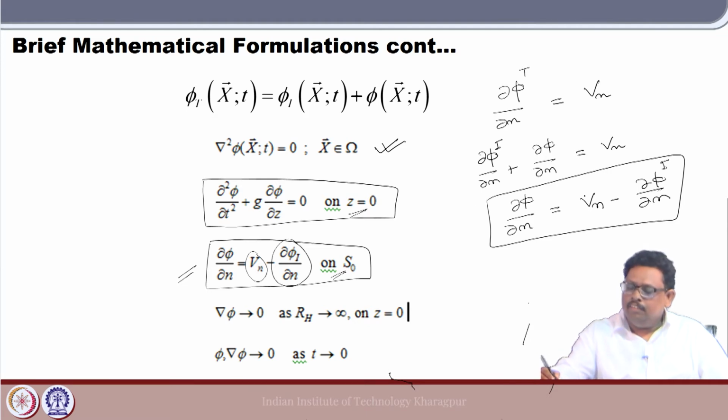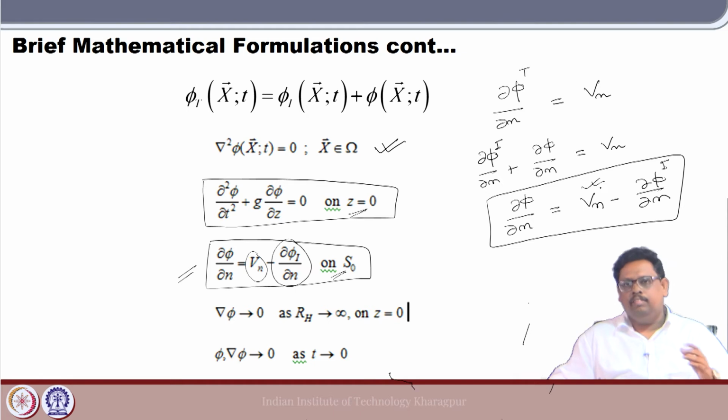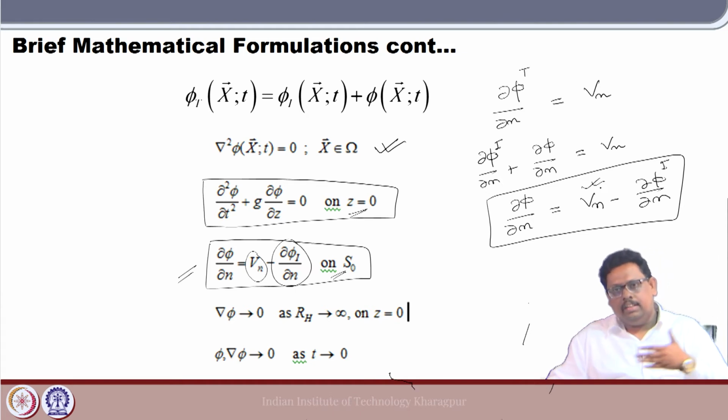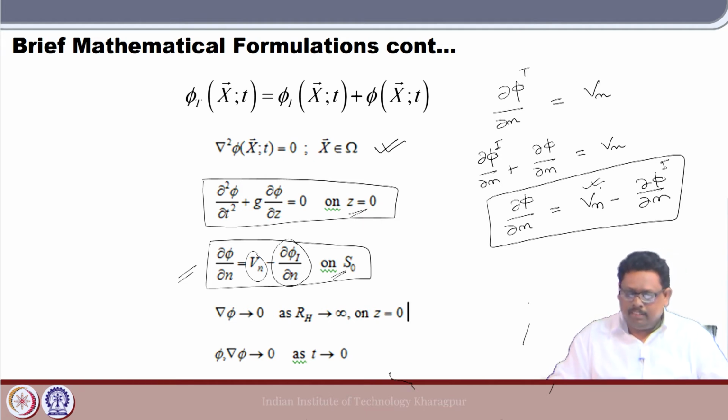Now, how do we compute the normal velocity? Everybody knows. You have to find V 1, the horizontal component of the velocity, then V 2, V 3, and then V 4, V 5, V 6, and then you find V n by doing V dot n.